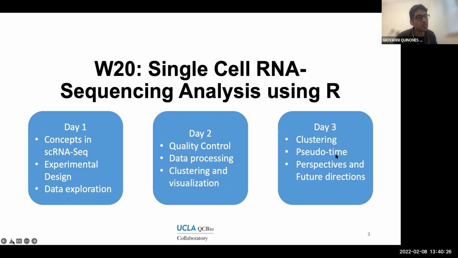And we're also going to talk about some very interesting analysis that can be done with this type of data, which is the pseudo-time. This is one more of the more modern techniques that people have developed for the analysis of single cells.